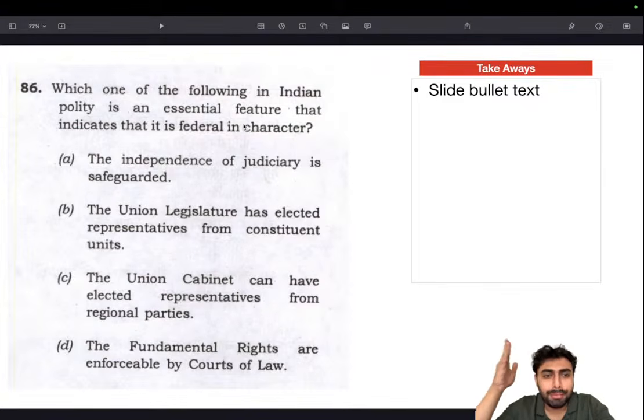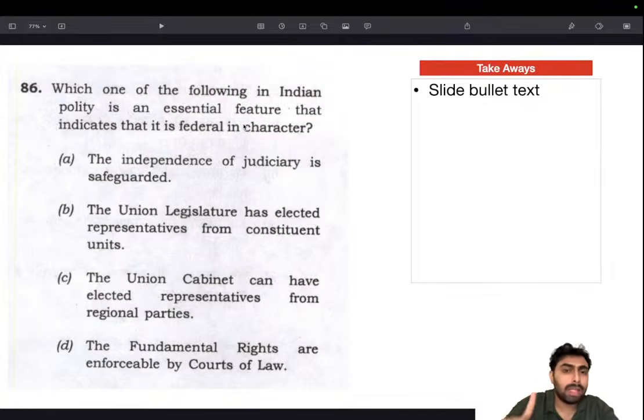At the same time, the federal characteristics are part of the basic structure. Sometimes you might think that since the basic structure has federal features, India is truly federal. No, India is not truly federal. There are a lot of features like emergency, the Union list and overriding powers of Parliament, state emergency, the President's role. Everything indicates that India is ultimately a unitary state, but with some core federal traits. That should be in your mind.